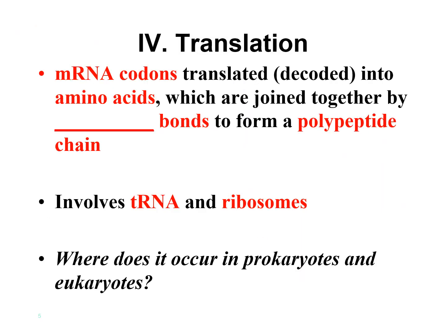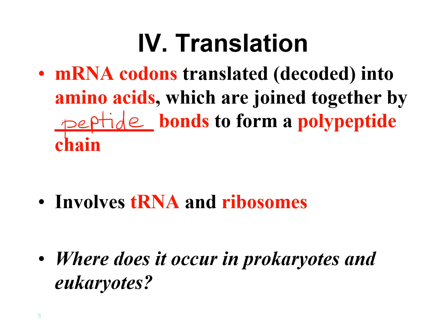All right, so with translation, we're going to read the messenger RNA codons. We're going to translate or decode them into the amino acids, and we're going to join the amino acids together using peptide bonds to make our protein or polypeptide chain.